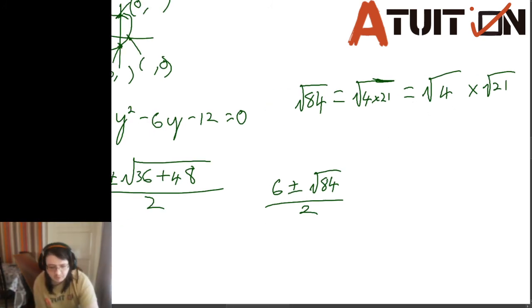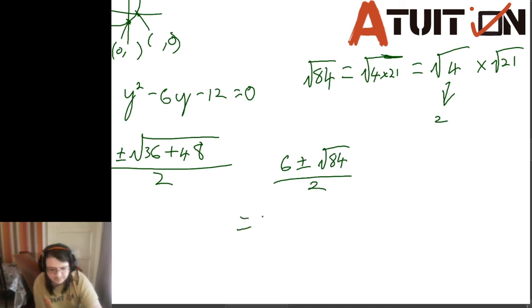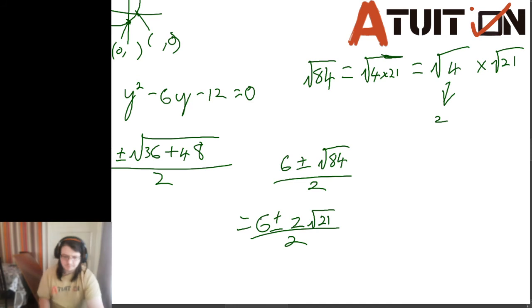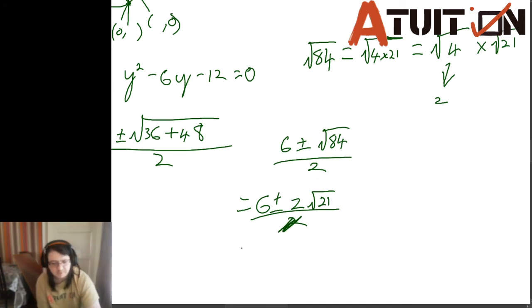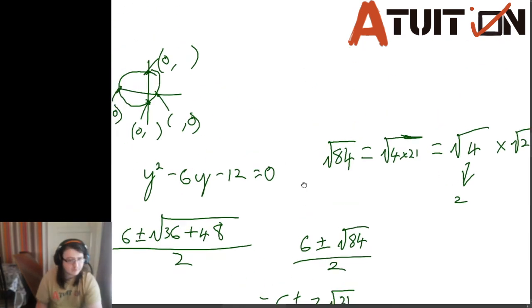So this root 84 is the same as root 4, which is 2. Square root of 4 is 2. So this is the same as 2 times root 21. So this is 6 plus or minus 2 root 21 all over 2. Then we can cancel out this 2 with the 6 and the 2. So we've got 3 plus or minus root 21.